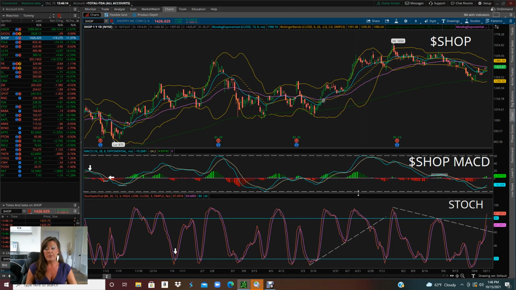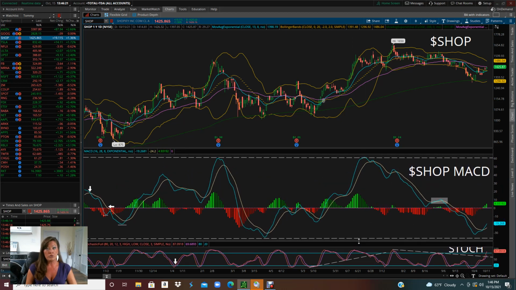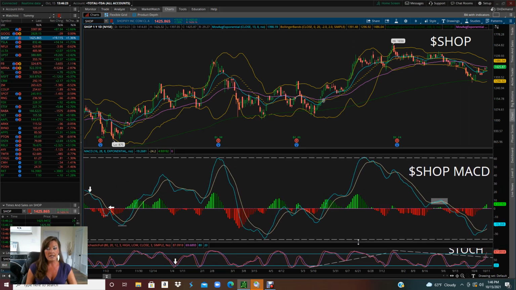But I do see a lot of people don't use it in conjunction with stochastics, which can really screw things up since it's a lagging momentum indicator. It does lag the stochastics by 1 to 3 days. Also, price can peak before the MACD peaks. So that also shows you how it lags.